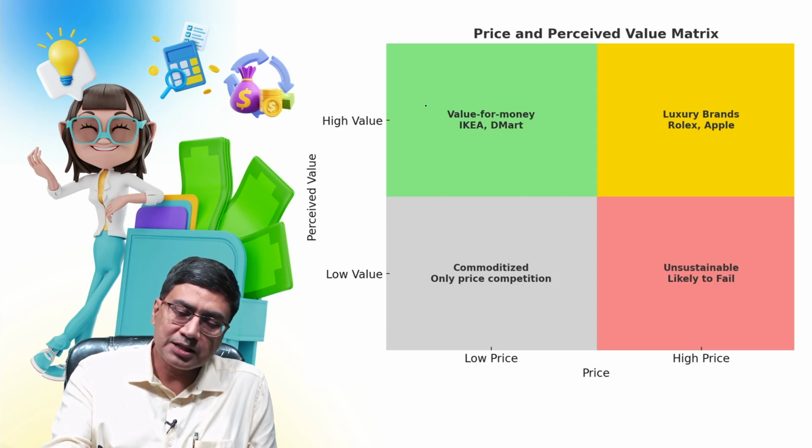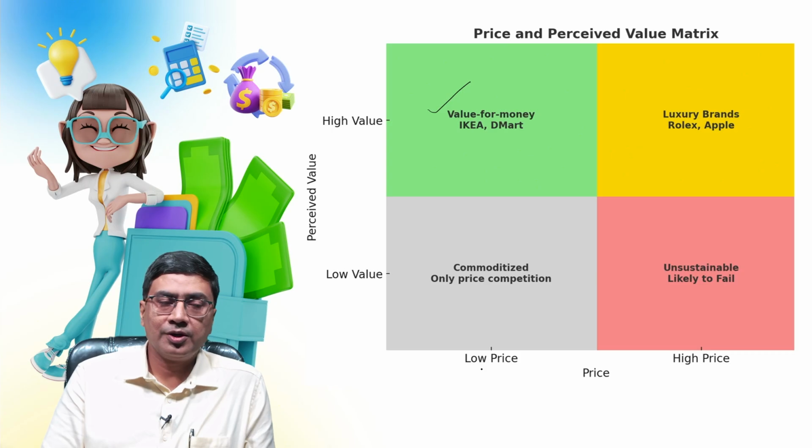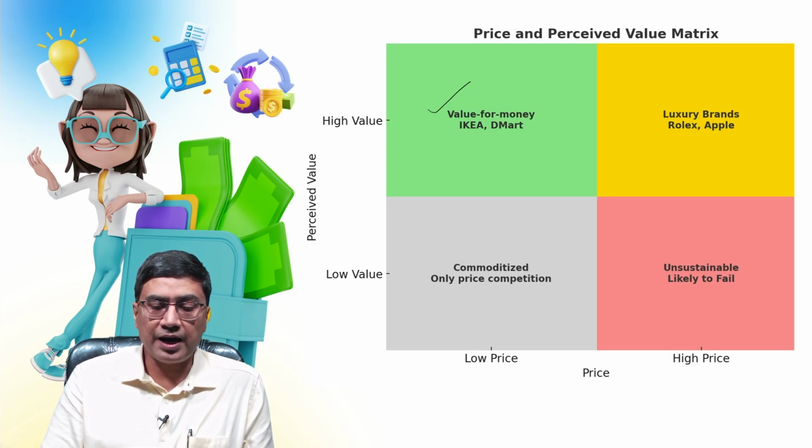If value is high and price is low, it means it is going to be perceived as value for money offered by the marketer. It is considered to be the best available option in the marketplace, where the perception of value is high, but price is low.